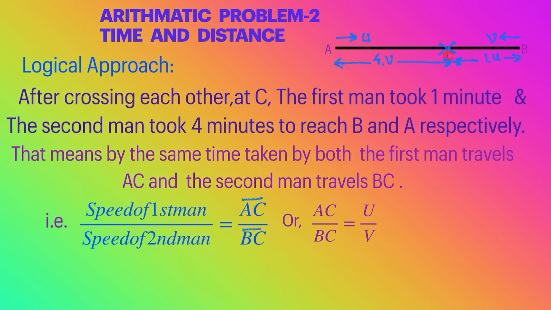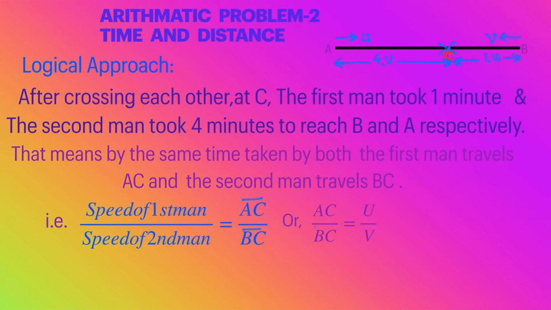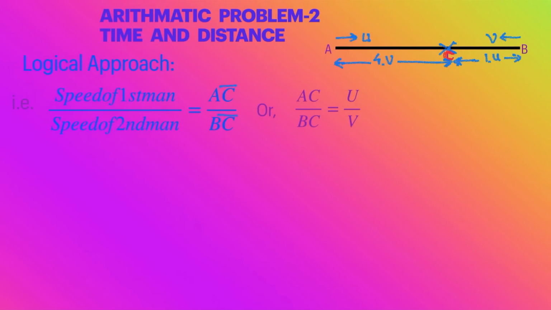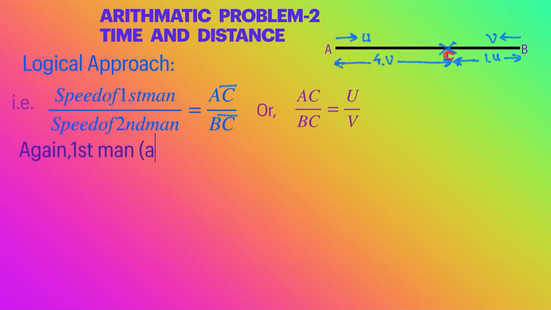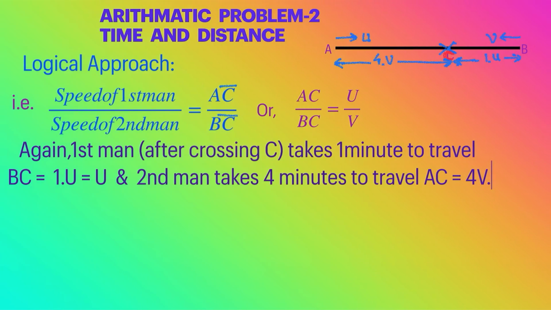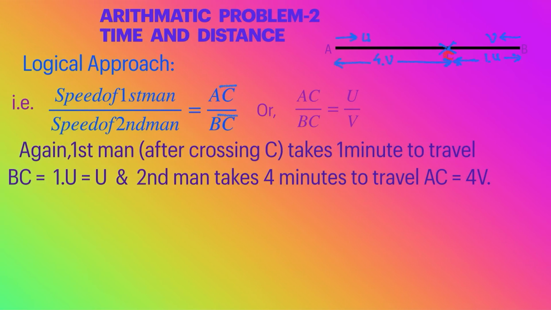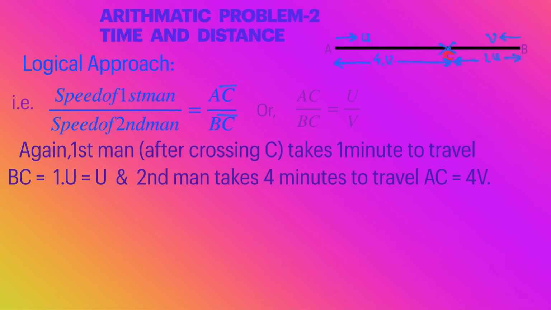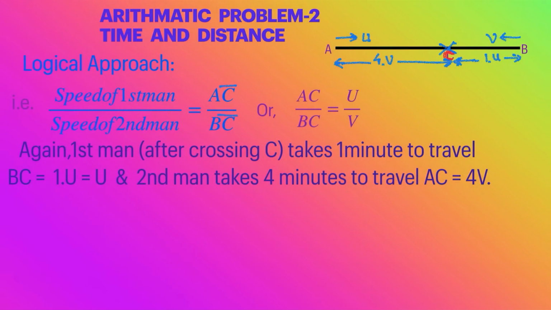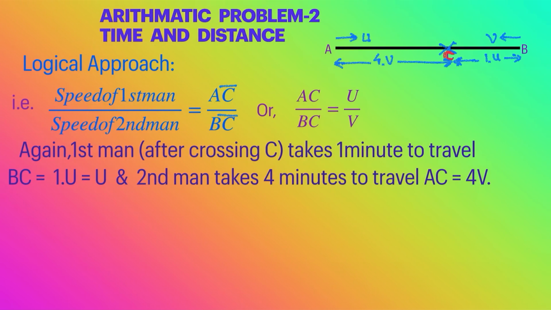And now you think, after crossing, what happens? Again, the first man after crossing C takes 1 minute to travel BC, equal to 1 into U, that means U, because we know distance equals time into speed.